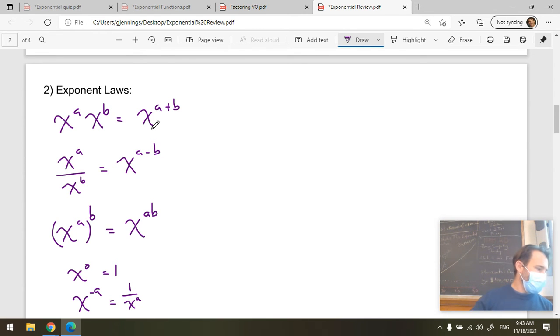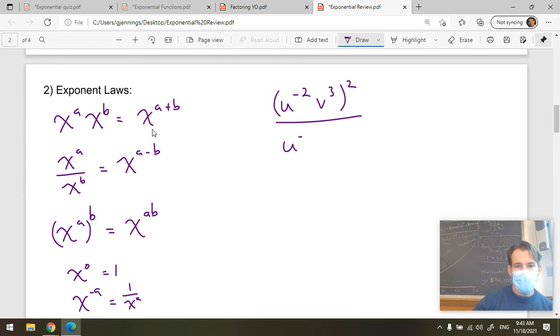So here's an example of one of these question types. 7D. U raised to the power negative 2, v to the 3, and let's make it more complex. Let's raise that all to the power 2, divided by u to the minus 3, v to the minus 2, and let's raise that to the power negative 3.